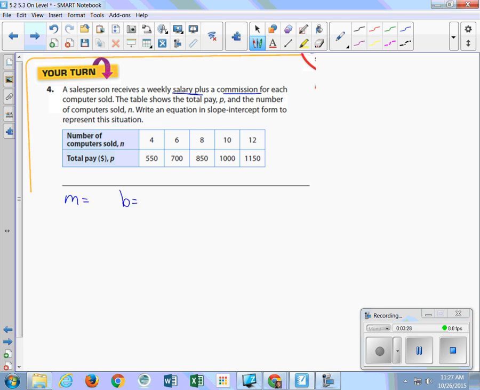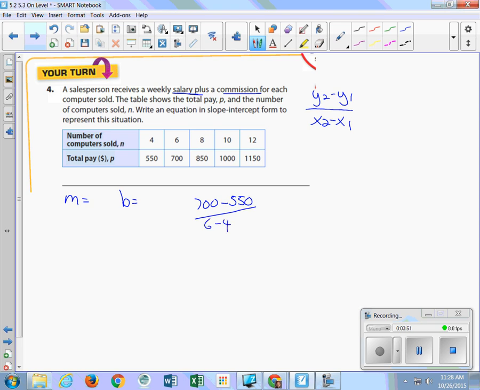All right. First thing I'm going to do is figure out my slope. I'm just going to use my slope formula, which is y2 minus y1 over x2 minus x1. So let's go 700 minus 550 over 6 minus 5.